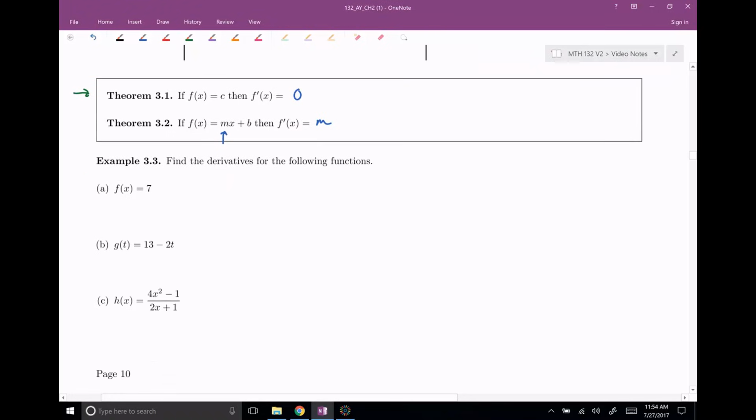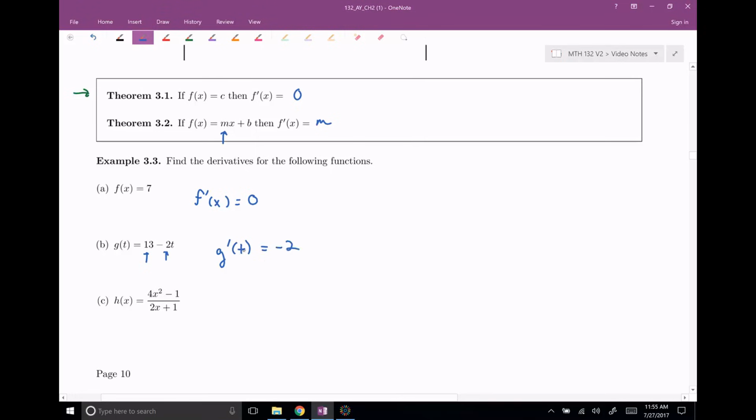All right, let's get some practice applying these rules then. First one, if f of x is equal to the constant function 7, our goal is to find the derivative. So we have f prime of x is equal to 0, thanks to this rule up here. For part b, take the derivative. So I'm going to have g prime, now we have t variables. Well, this is our constant, so this is the y-intercept, and our slope here is negative 2.